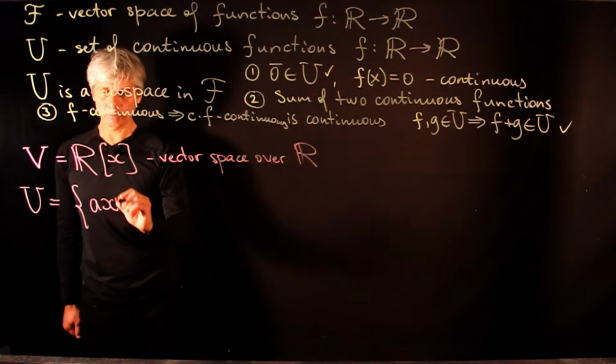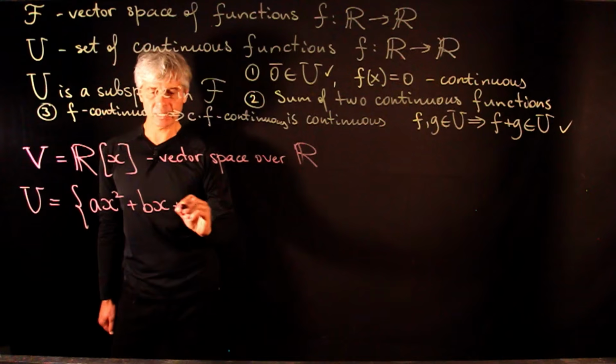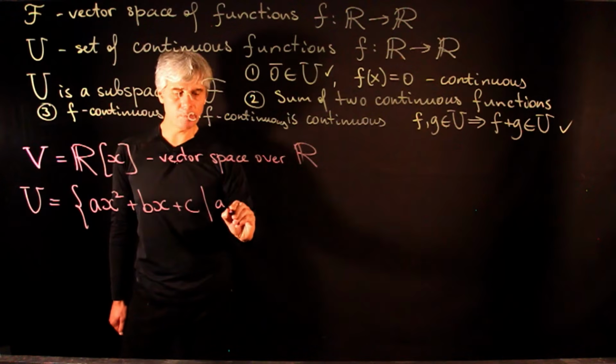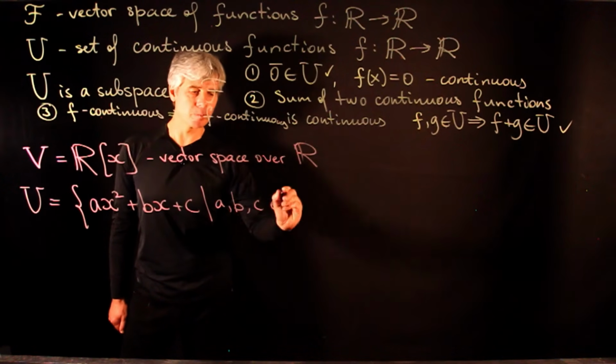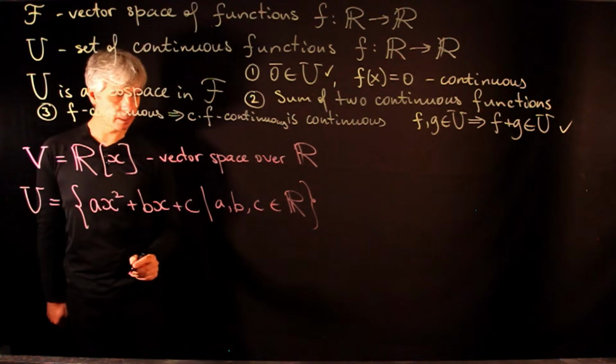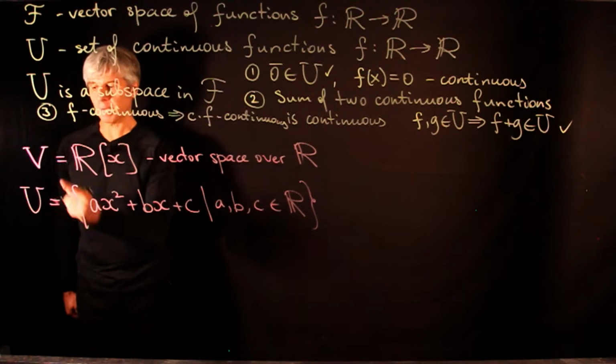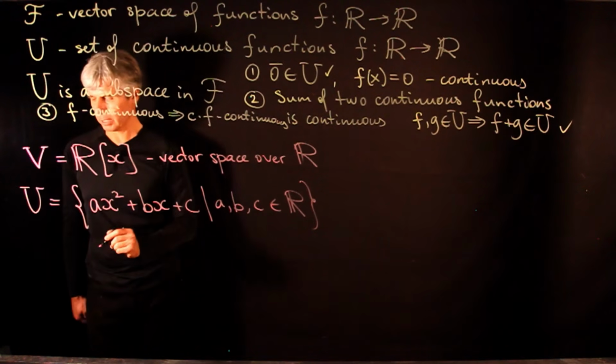So polynomials of the form ax squared plus bx plus c, where a, b, and c are real numbers. So we claim that this subset is a subspace in the space of all polynomials.